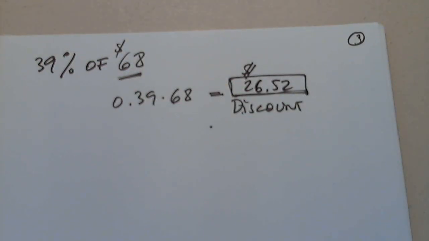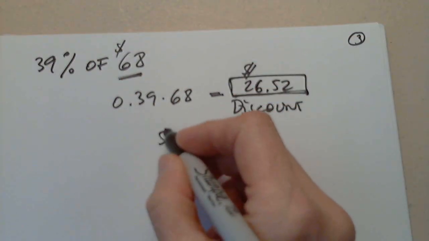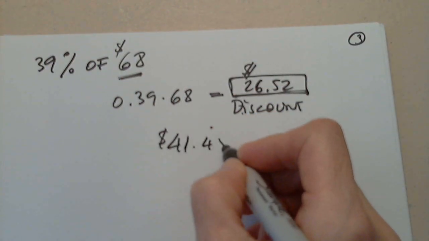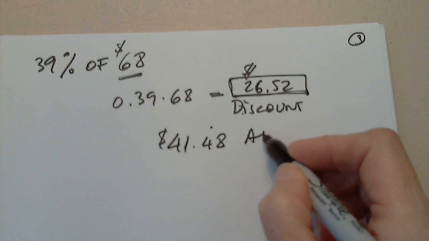And we have 68 to subtract the discount from. That's not what I meant. I meant 68 minus the answer. So we end up paying now $41.48 after the discount.